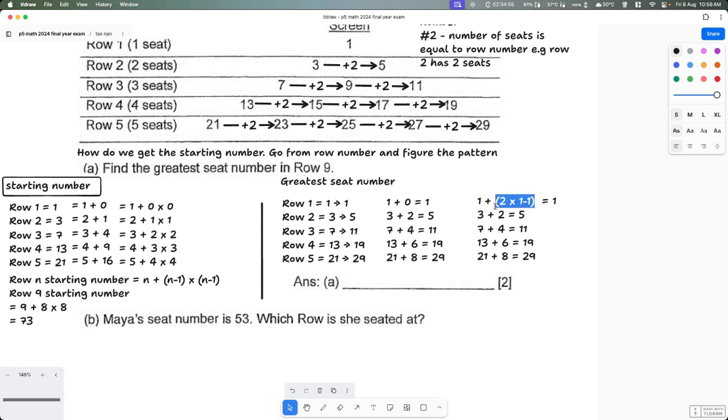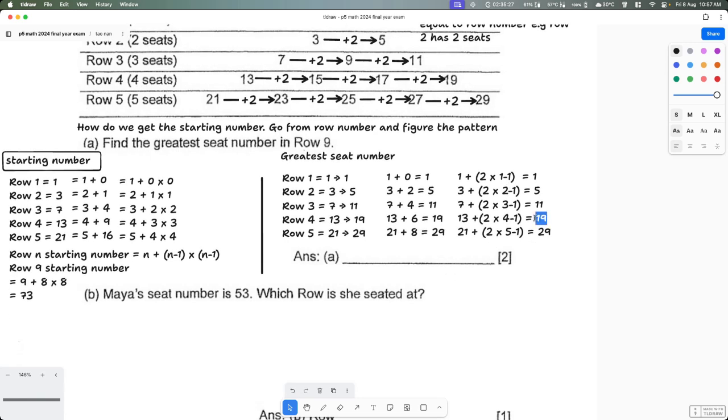Okay, and then 2 times 2 minus 1, then 2 times 3 minus 1, and 2 times 4 minus 1, and then this one should be 2 times 5 minus 1. Okay, so 8 is basically 5. Yep.